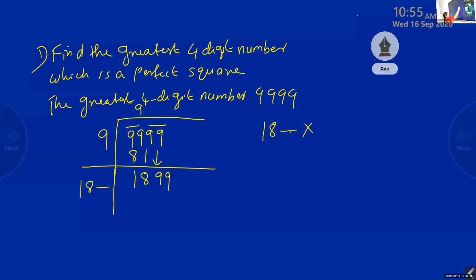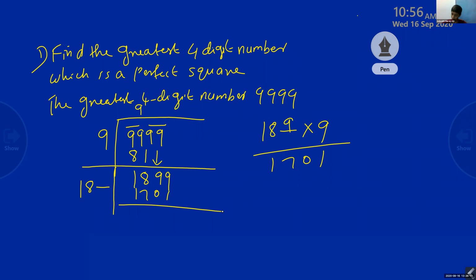Yes, it is 9. By multiplying, we get 1,701.